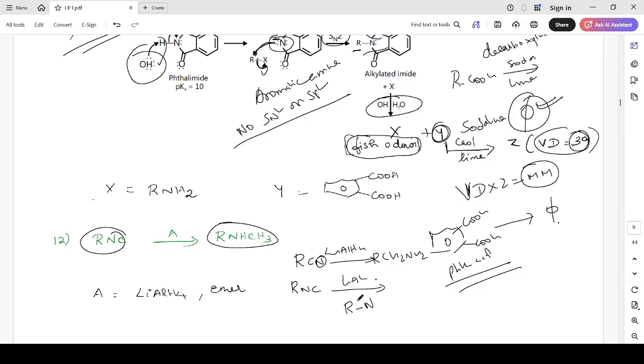So I will have R with nitrogen, I add one H, and with C goes H3. So is this a secondary amine? So we can remember, isonitriles upon reduction will give secondary amines.